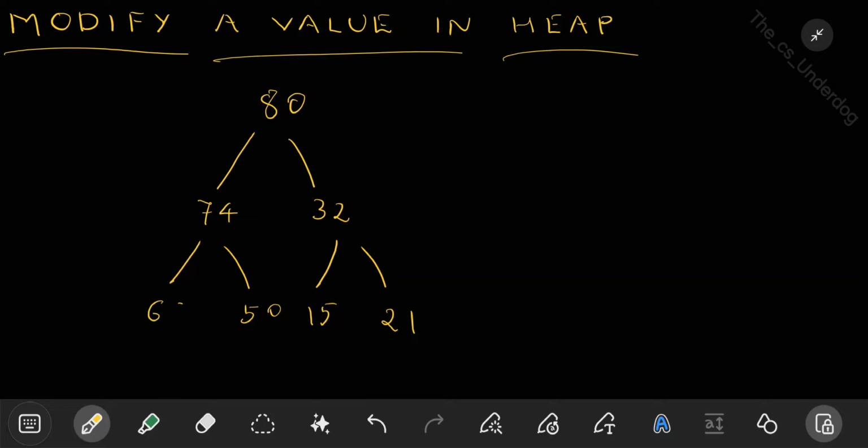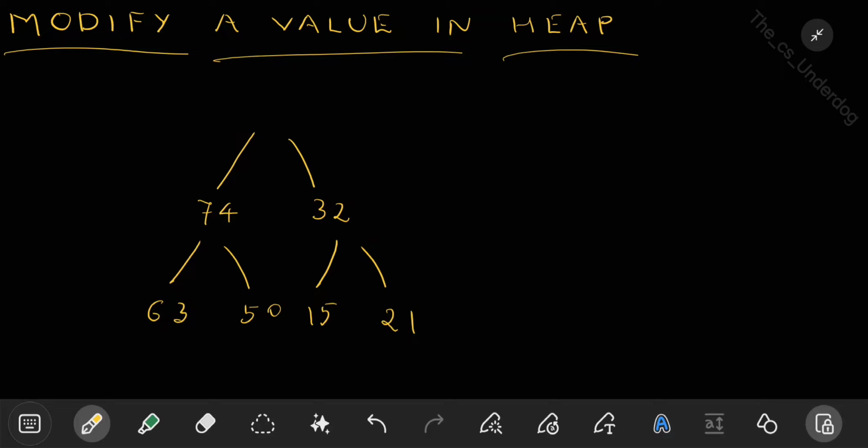This time I will decrease the value. Maybe I'll decrease the value of 80 to, let us say, 24. I decreased 80 to 24. What do I have to do? I have to heapify down. How do I heapify down? I'll check the value 24 with both its children, 74 and 32. Which is larger? 74 is larger.